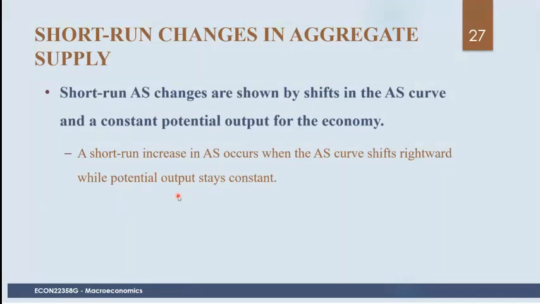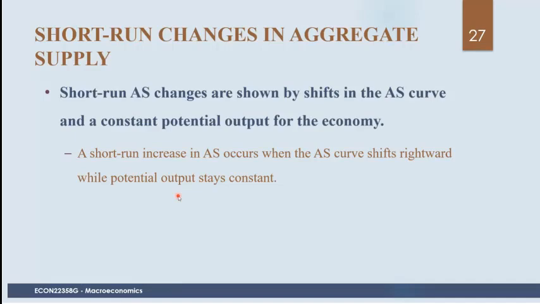You can think of the long run aggregate supply curve, or potential GDP, as more related to real things. So the amount of potential we have in terms of being able to produce goods and services is based on things like our education levels in the economy, so our skills, the number of people in the labor force, the number of natural resources we have. So it's related to our scarce resources.